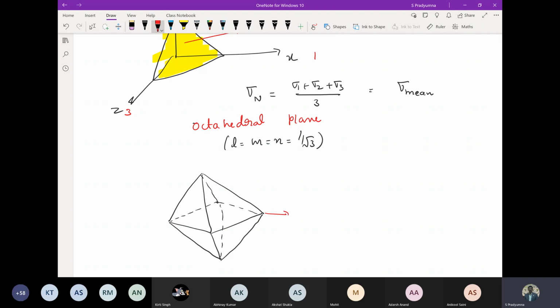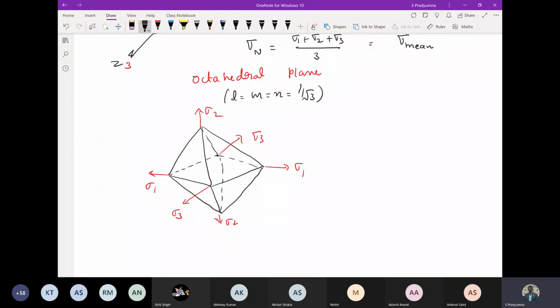Therefore, I can say this is sigma 1, this is sigma 2, and I have sigma 3. So these are the octahedral planes which we are talking about. On this we have sigma 1, sigma 2, sigma 3 mentioned with respect to this.